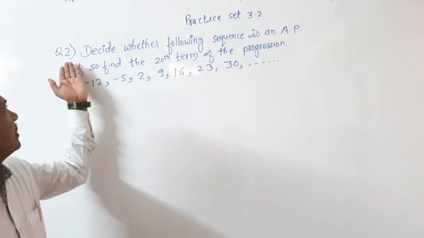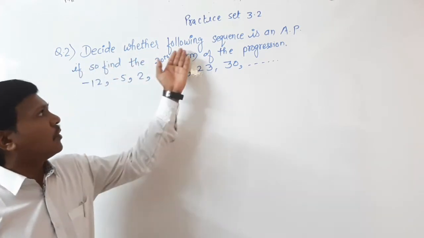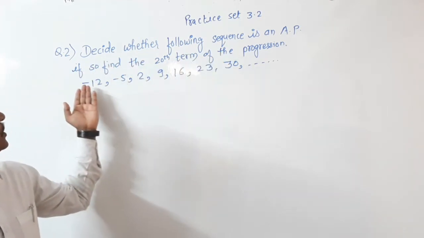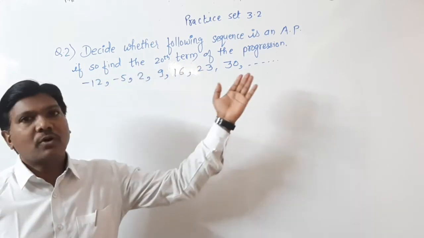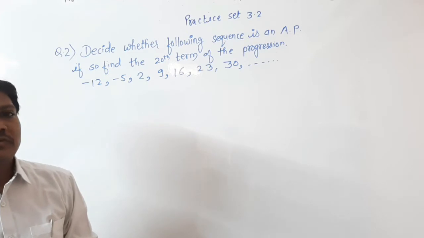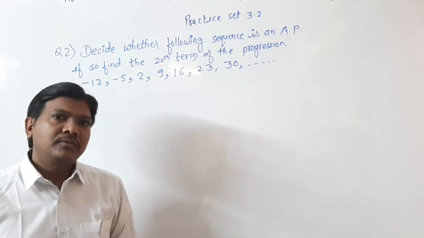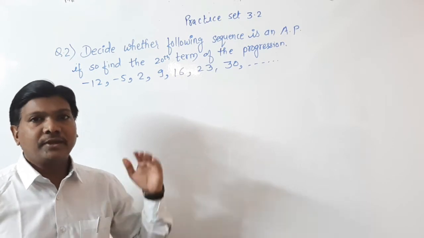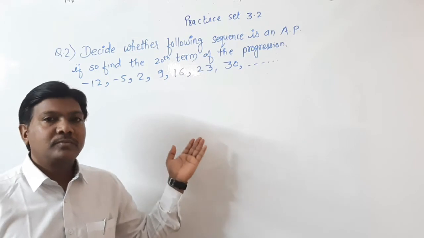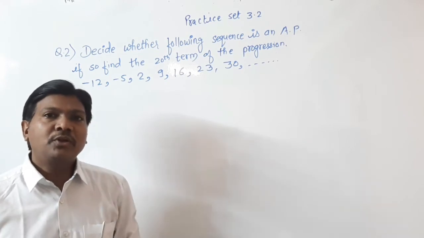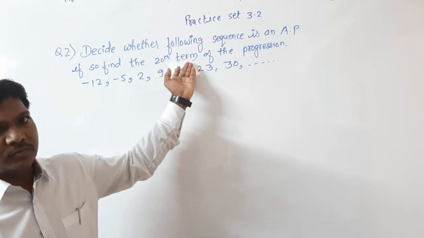Let's see the second example. The question is, decide whether the following sequence is an AP. If so, find the 20th term of the progression. Students, here one sequence is given. First we decide whether it is an arithmetic progression or not. If it is an AP, then find its 20th term.